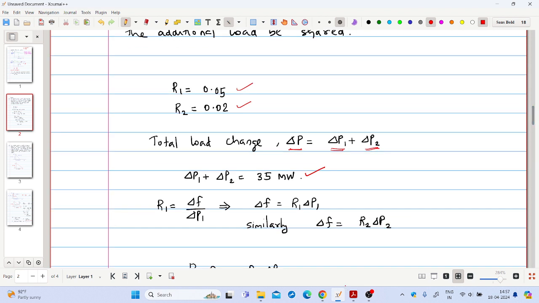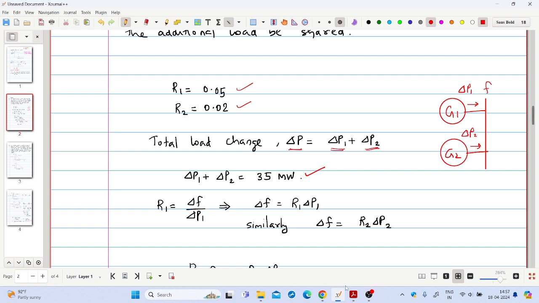And from the definition of speed regulation, we know that R1 is delta F by delta P1. Since the two generators are running in parallel, both are connected to the same bus, so the frequency is a common parameter. Machine 1 frequency and machine 2 frequency will be same, but the change in power output of the two machines may or may not be equal depending upon their speed regulation characteristics and the ratings.